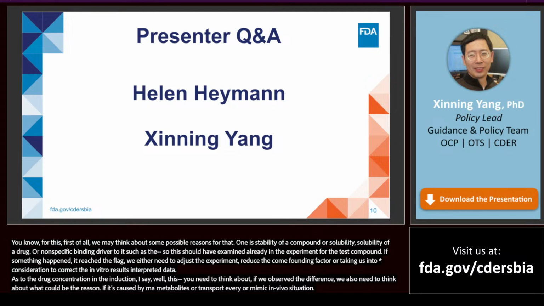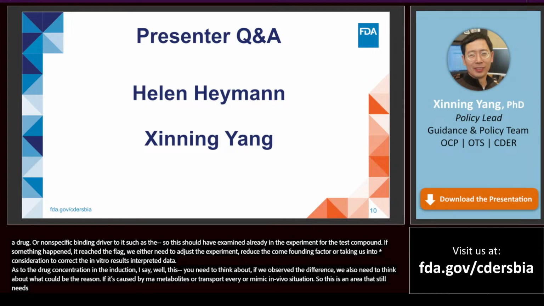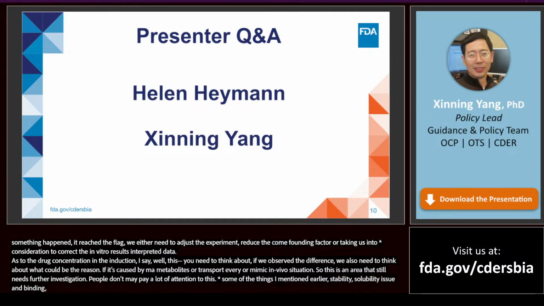So this is an area that still needs further investigation. In the past, people did not pay a lot of attention to this, but I would say some of the things I mentioned earlier, instability, precipitation because of solubility issues, and non-specific binding, should be paid attention to and can easily be examined in a pilot experiment.